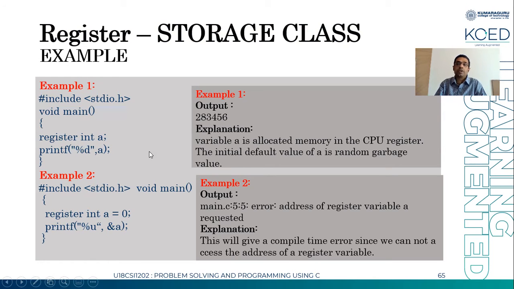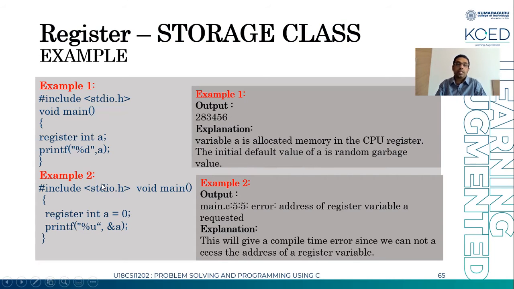Any random garbage value will get printed, since the default initial value of a register storage class variable is a garbage value. The variable is allocated memory in the CPU register. The output, 283456, is a random garbage value displayed here.